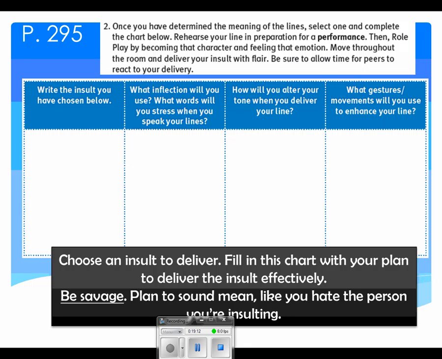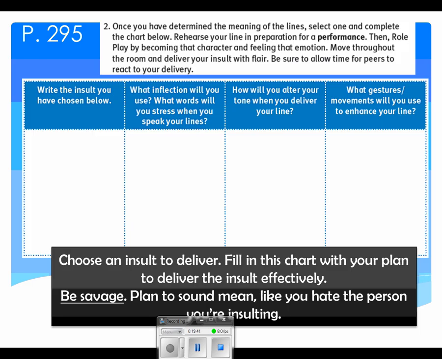Or is your tone more of despising this person for what they did? Are you more hurt by what they did? And lastly, what are you going to do with your body? No one insults another person just standing straight, their face having no expression. Something happens. Even if they're just making a side comment, don't you see something in their eyes or the way that they hold their body?